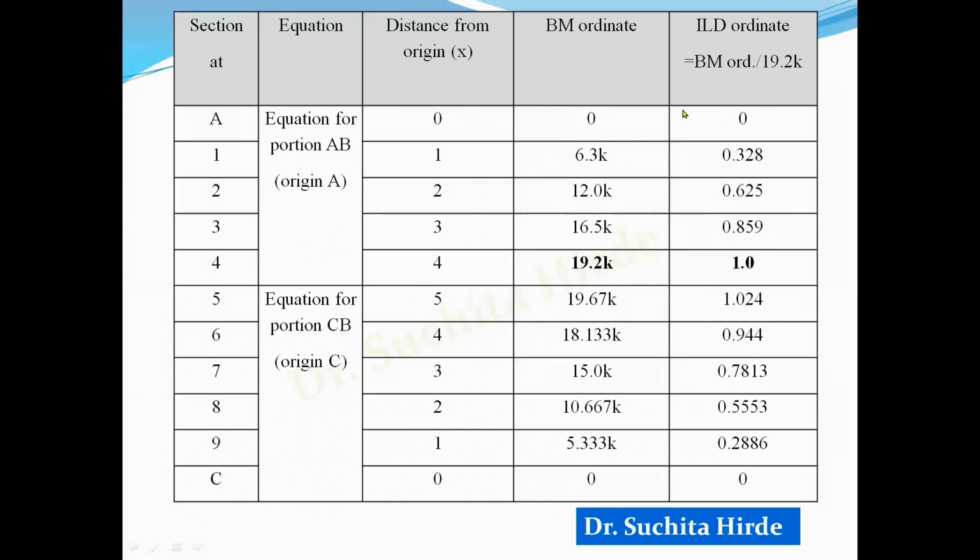We compile the table like this, calculate all the ordinates first, and then divide all the ordinates by 19.2 to get this ordinate equal to 1. So this is how we can calculate influence line diagram ordinates using the Mueller-Breslau principle.